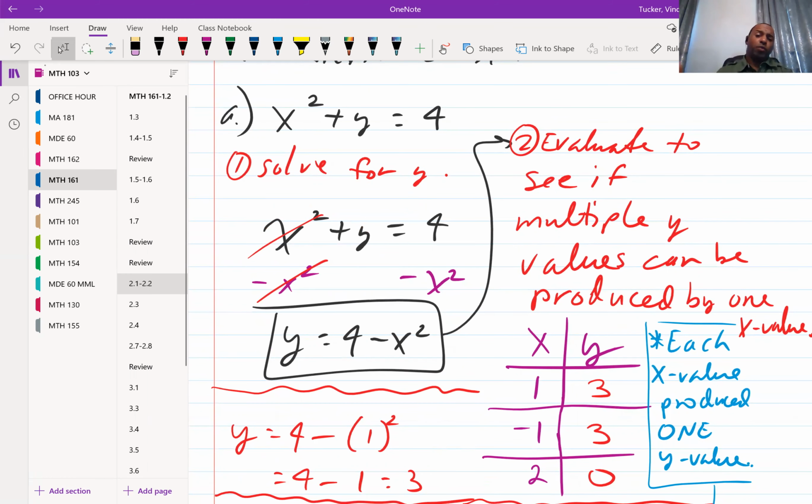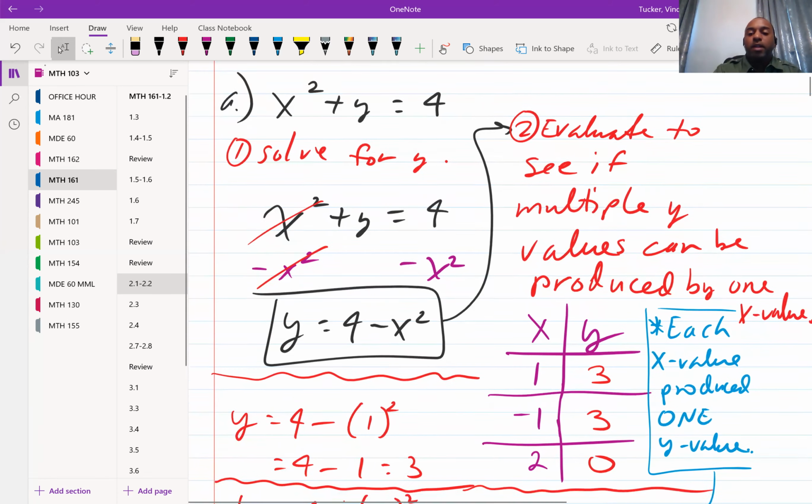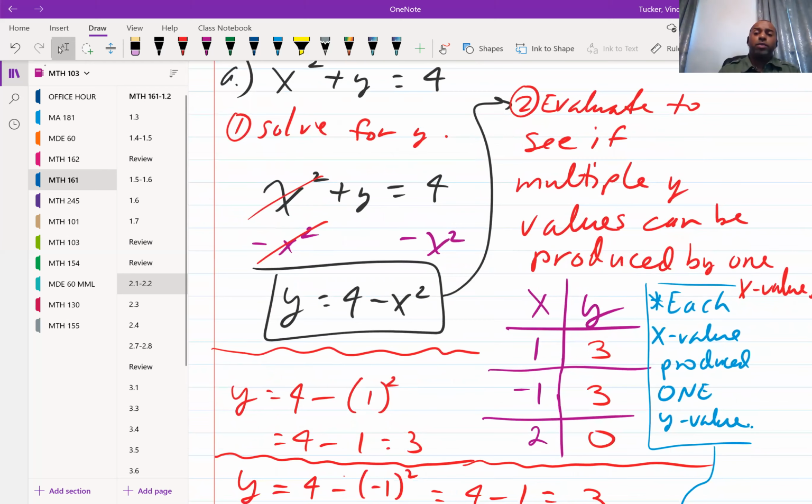Basically, you would just plug in values like +1 and -1, and see if it's possible to get multiple values. Doing it like this, you probably say, well, I'm always going to get just one value. When I show you the next one, you'll see what I mean by that. But no matter what you do in this case, each x value will just produce one y value, as I wrote in the blue. So we're okay. This is going to be a function for us.